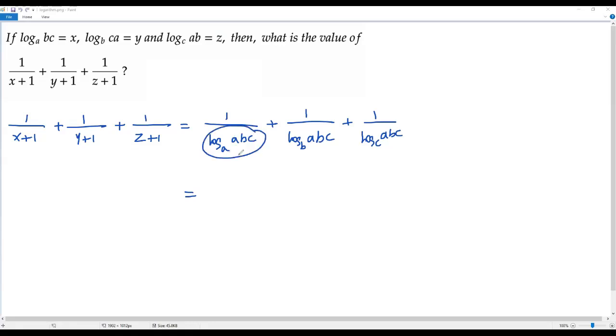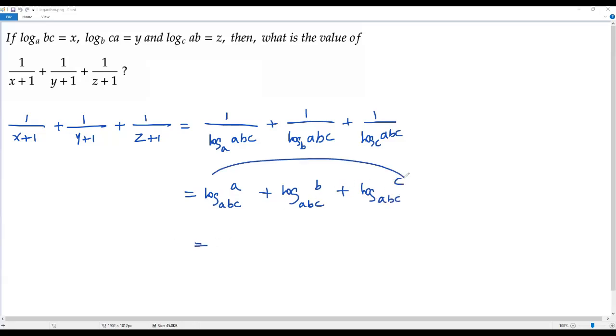Moving this logarithm to the numerator, it is multiplied by 1, so I get log base ABC of A. The same thing happens here: the argument ABC becomes the base, and B becomes the argument. Then moving the last one, we get log base ABC of C.